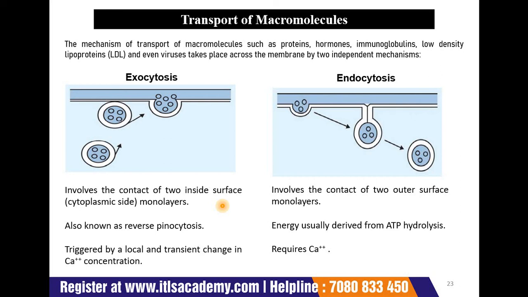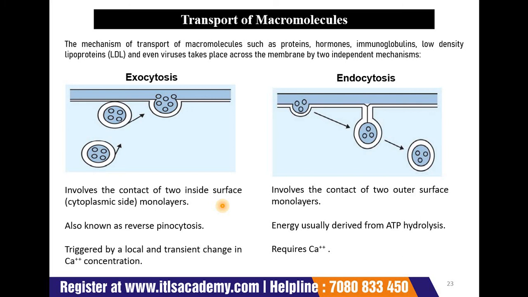The mechanism is that the cytoplasmic side of the vesicle fuses with the cytoplasmic side of the plasma membrane. This process is triggered by a local and transient change in calcium concentration.